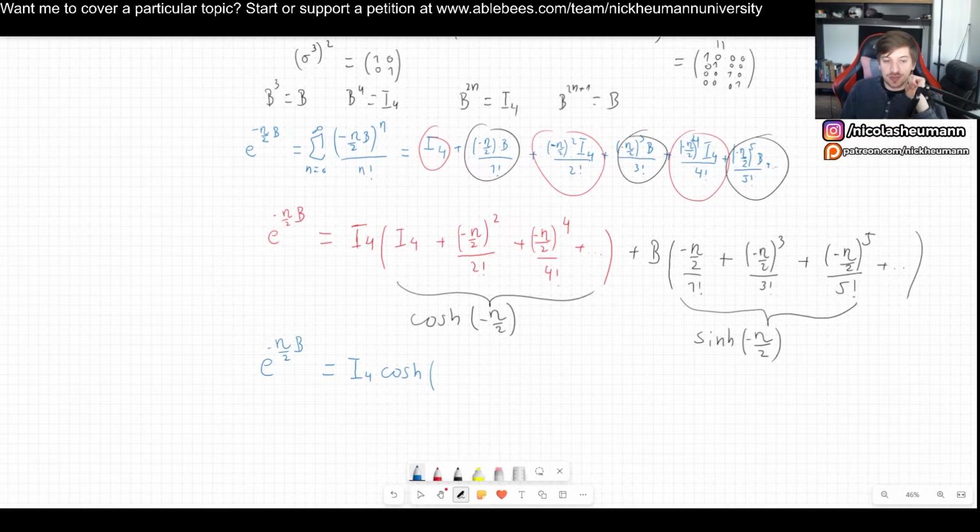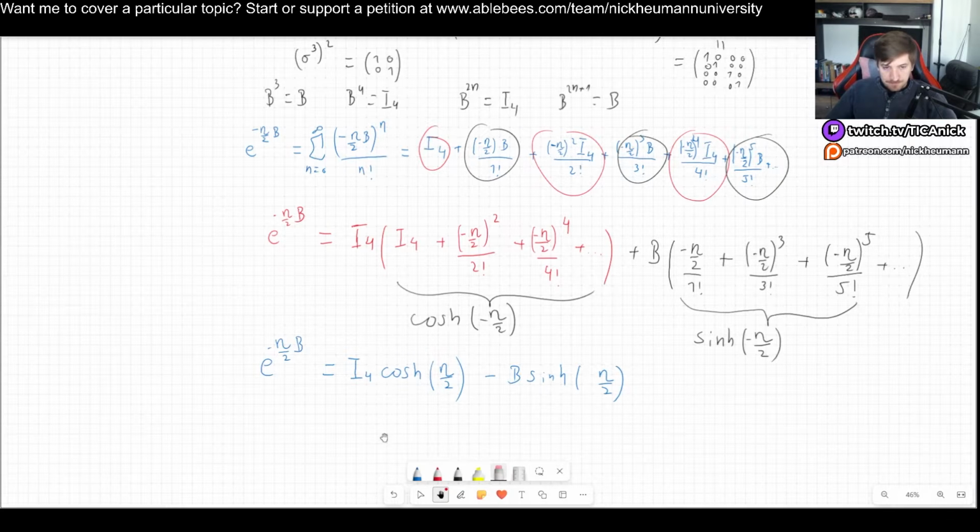So that's simply going to be eta over 2. And then we get plus b times the hyperbolic sine of minus eta over 2. But the hyperbolic sine is odd, right? It's an odd function. So that means we can take out the minus sign. So we can take this minus and put it over there.